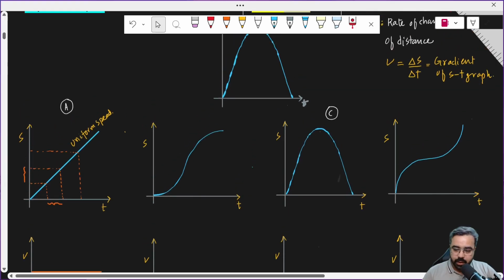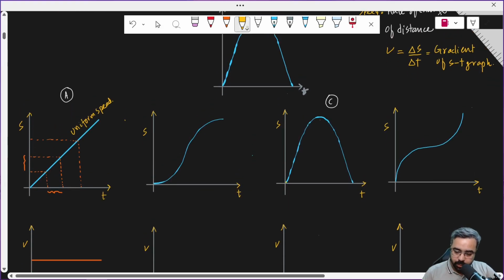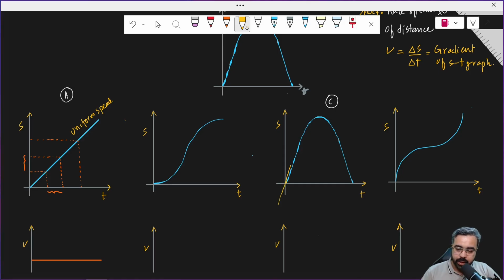The reason is that if I draw a tangent line, this tangent line has a maximum steepness, and then that steepness decreases, and at that point the tangent line is horizontal. A horizontal line means if I measure the speed at that point, the speed will be zero, because the gradient of a horizontal line is zero.